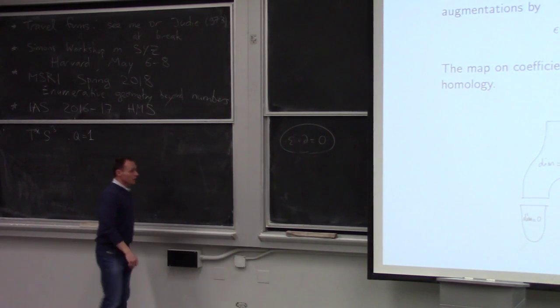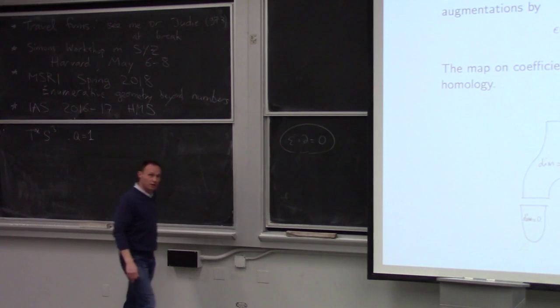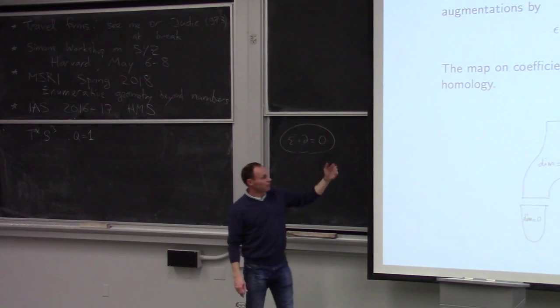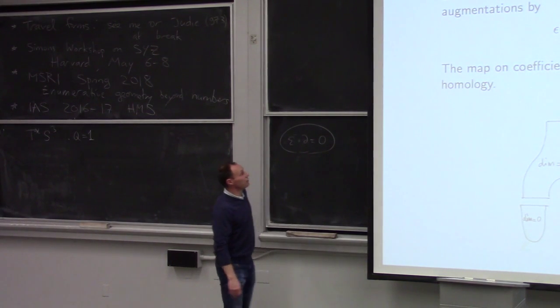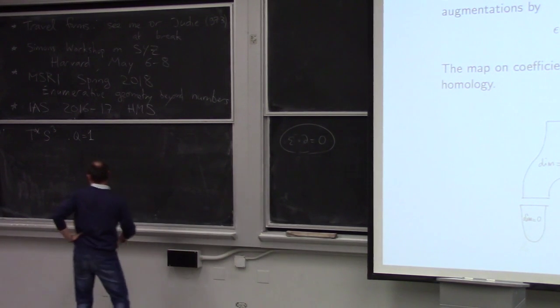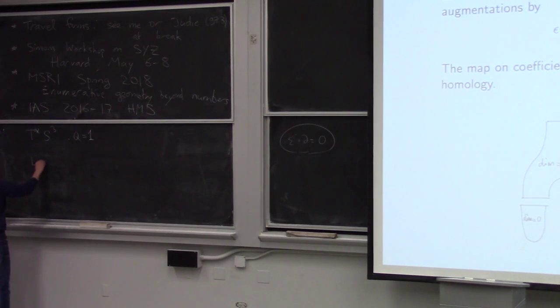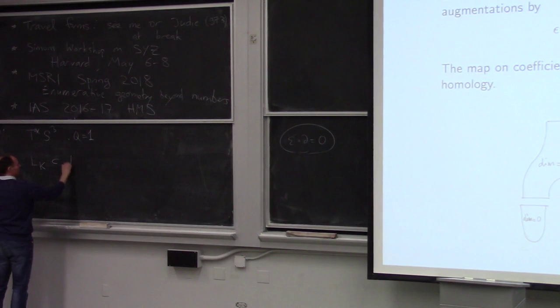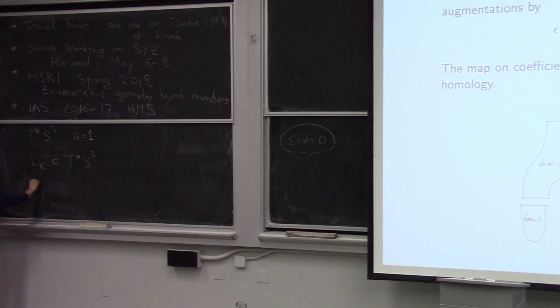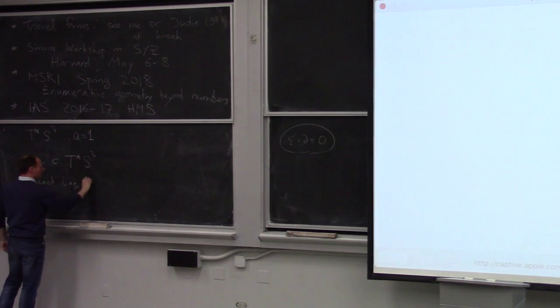And so the standard picture from symplectic field theory is that if you have a Lagrangian filling, so in particular we have L_k sitting inside this T*S^3, so that's an exact Lagrangian filling of lambda_k.